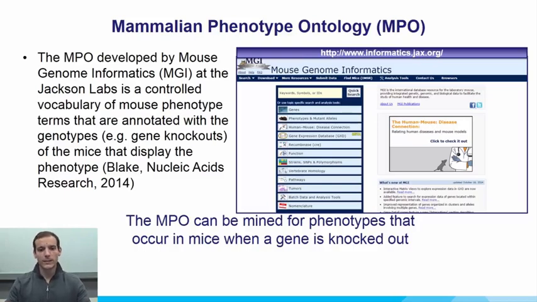So a genotype might be a gene knockout that was performed in a mouse. So what we can look up from this data set is, if we're interested in one particular gene knockout, we can look up all the phenotypes that have been associated with that gene knockout.